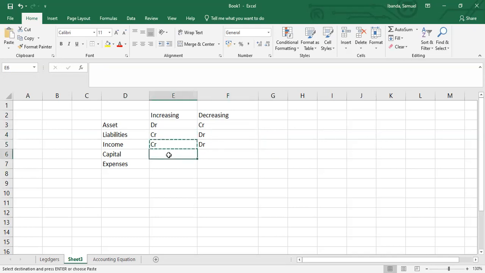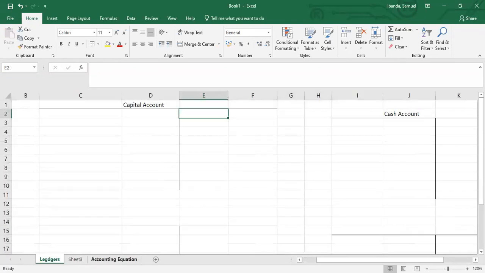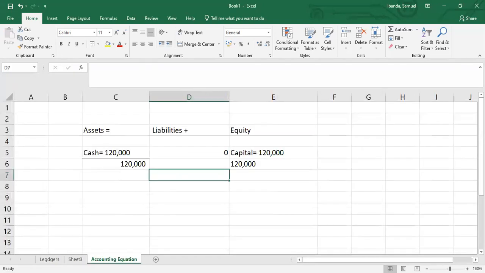Capital increasing, we credit; when it is decreasing, we debit. We do the opposite for expenses: when increasing, we debit, and when decreasing, we credit. So that is what happens when we are using ledgers. I'm doing the ledgers and the accounting equation for you to understand how these two play together, so you shouldn't get confused.